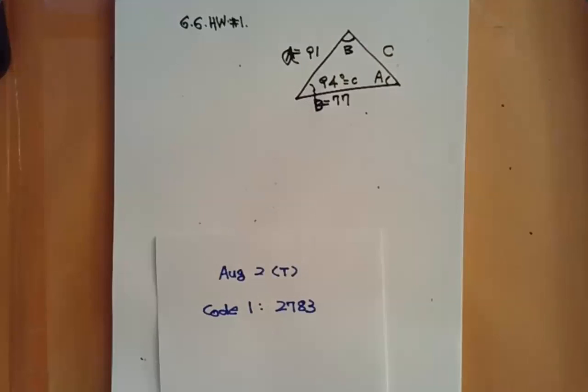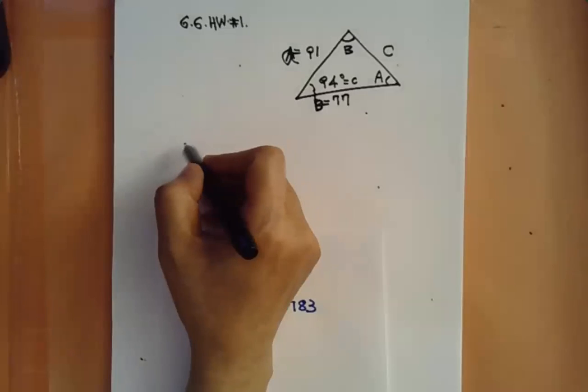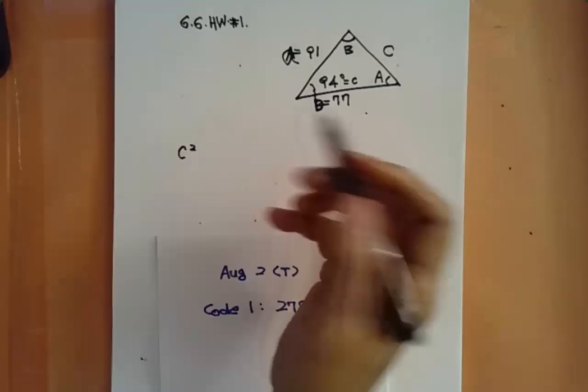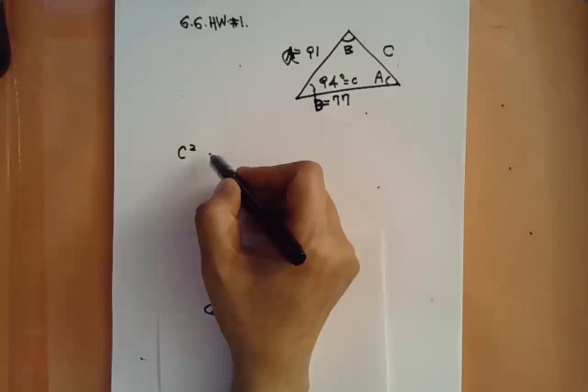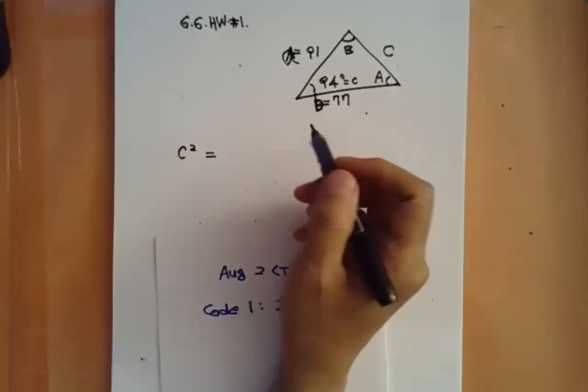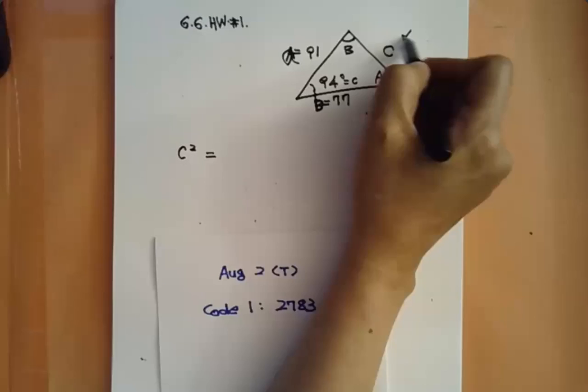So in this case, everything is given, all you have to do is just plug that into the calculator. So c squared is unknown.